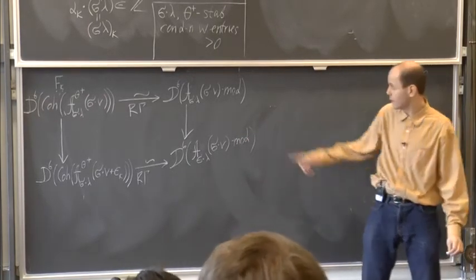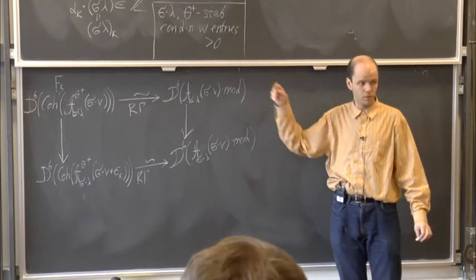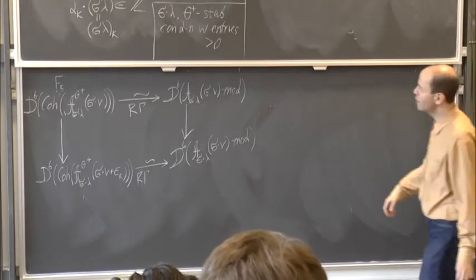Okay, so I get a functor between these categories. So what do I need to do now?